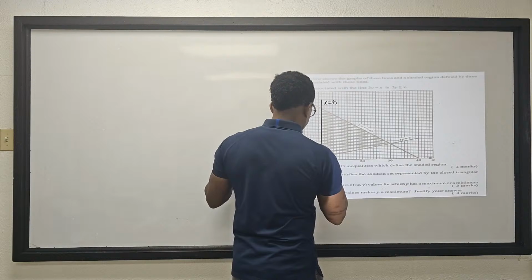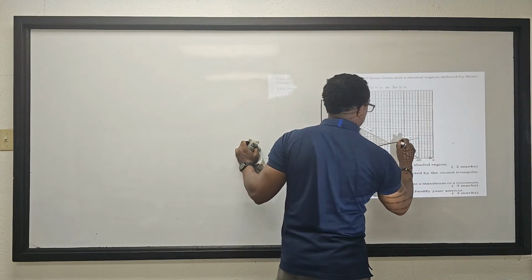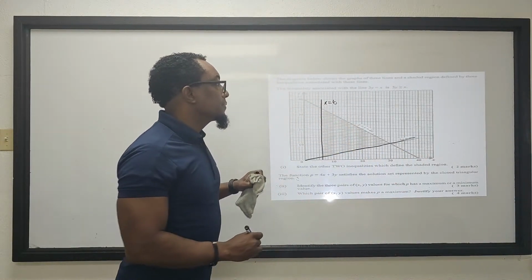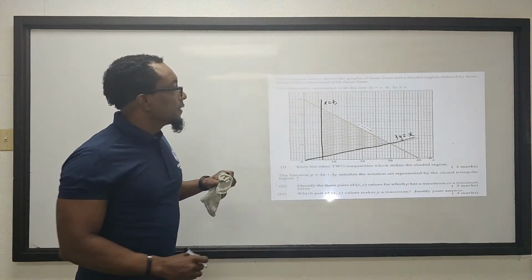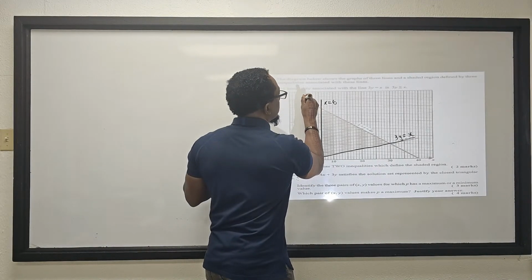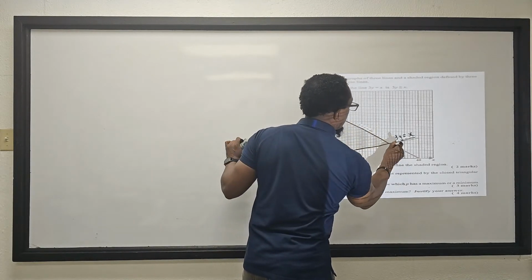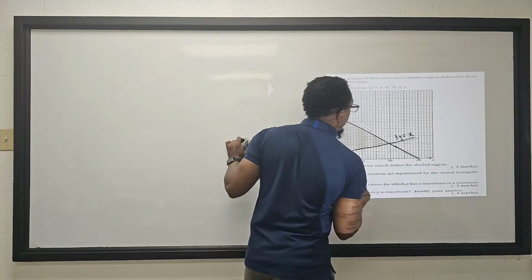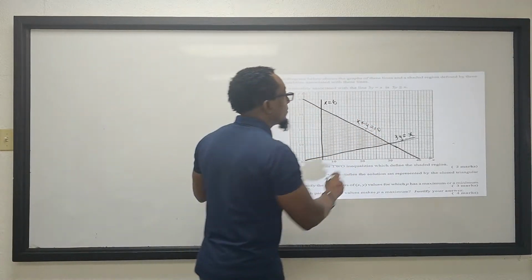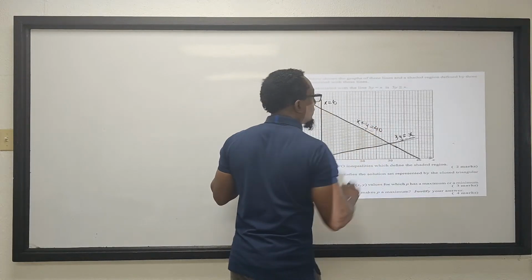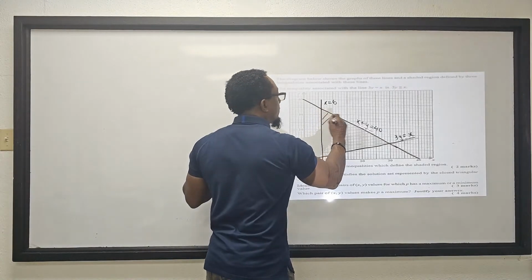We have this line here. So this line is 3y is equal to x, and we have this line here, x plus y is equal to 40. And of course, this is the satisfied region.